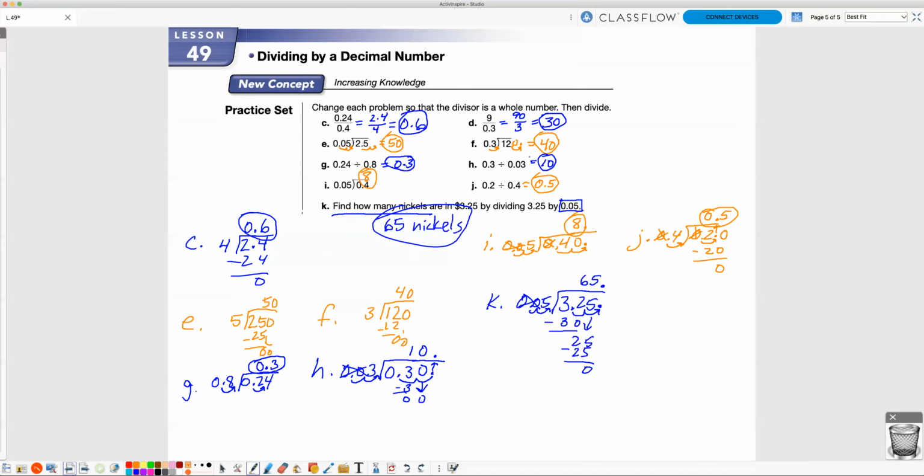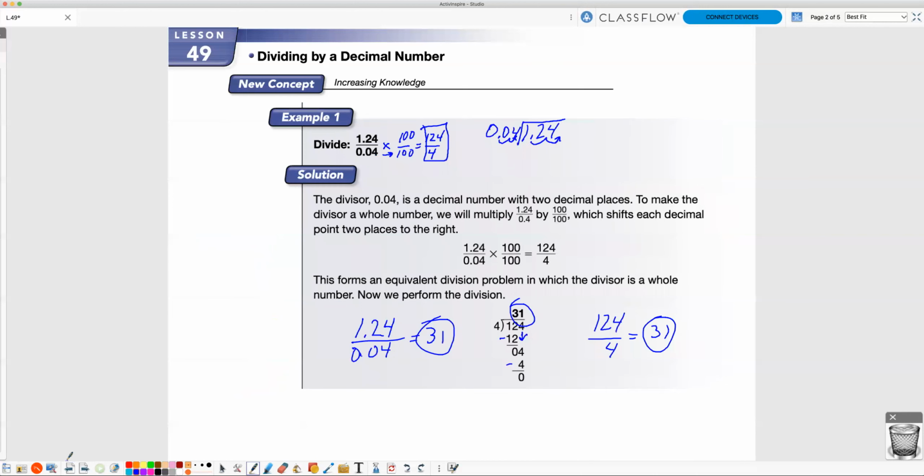Just keep in mind the divisor, the number that you're dividing by, has to be a whole number. So the key to that again was unlocking it by shifting the decimal and being fair and balanced by actually multiplying the same thing. So if we had to multiply this by 100, we have to multiply this one by 100. And what are we doing there?